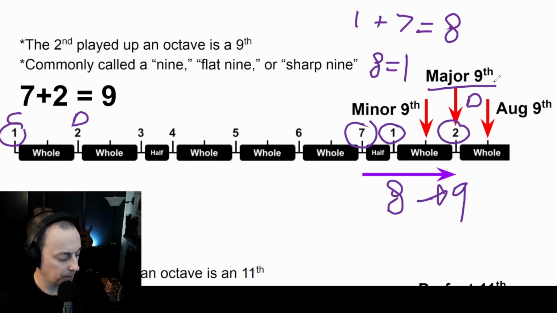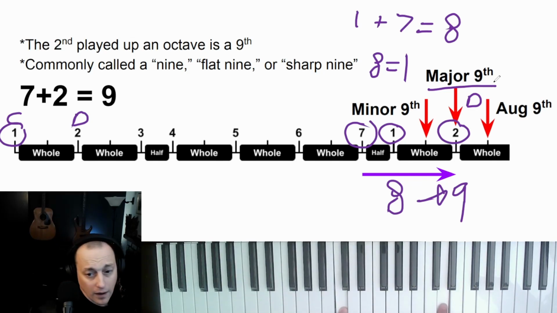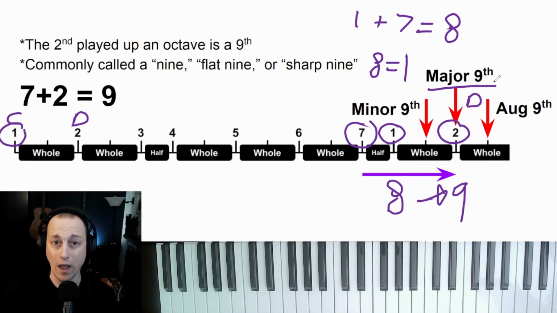I'll show you on the piano. I've got a note C, and I don't want this D here, right? I want that D way over there. So when I have a note that's beyond my octave, I just add 7 to that number, and that tells me how to refer to that interval, how to name that interval.